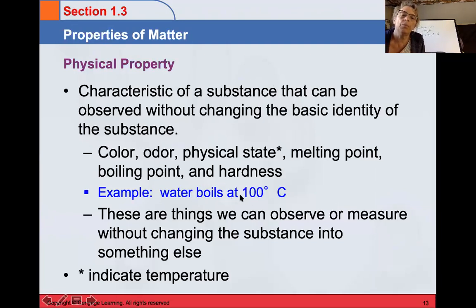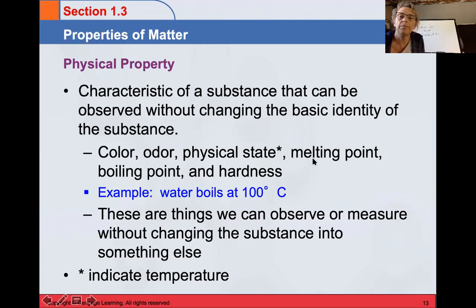When you list boiling point as a physical property of water, you always have to say the temperature that water boils at. You can't just say boiling point is a physical property of water, because saying boiling point is a physical property doesn't really distinguish water from another substance, because all substances have a boiling point. Saying water boils at 100 degrees will distinguish water from another substance.